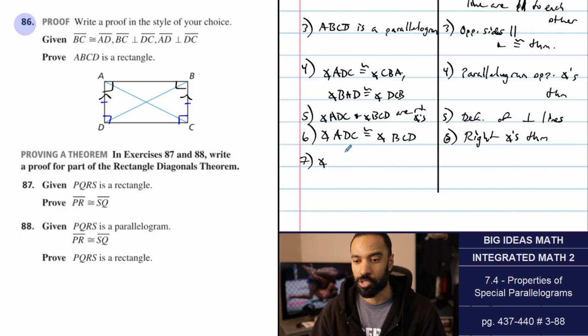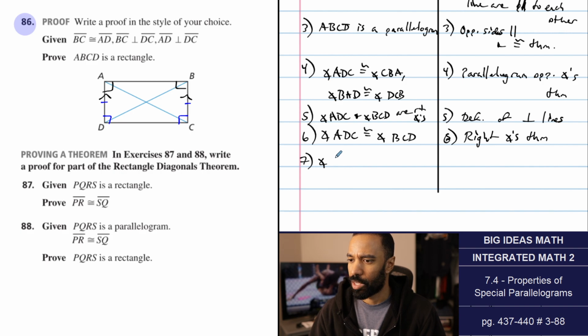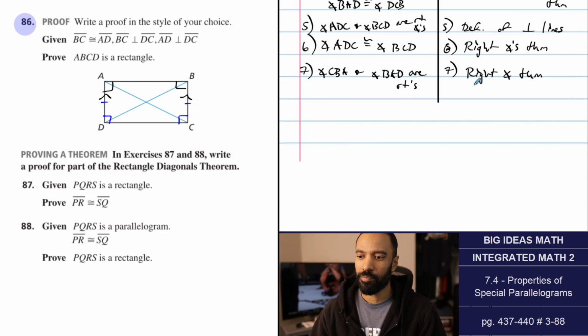Well, now I can say those others are right angles. Also right angle theorem. CBA and angle BAD are right angles. They're rights. Right angle theorem again. Maybe the converse. All right angles are congruent.